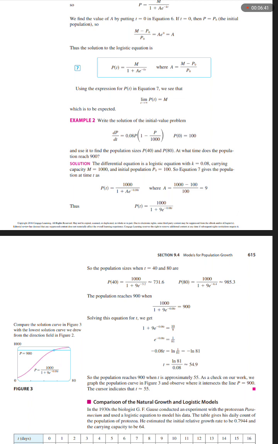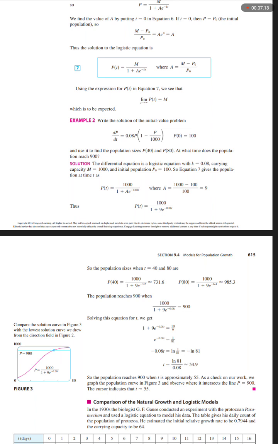So (M minus P sub naught) over P sub naught equals A times e to the power 0, which equals A. Thus, the solution to the logistic equation is Equation 7: P(t) equals M over 1 plus A times e to the power negative Kt, where A equals (M minus P sub naught) over P sub naught.